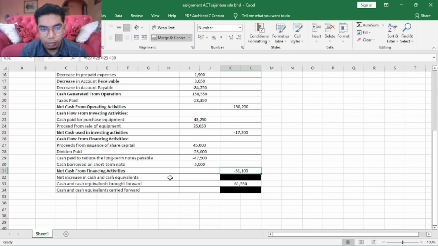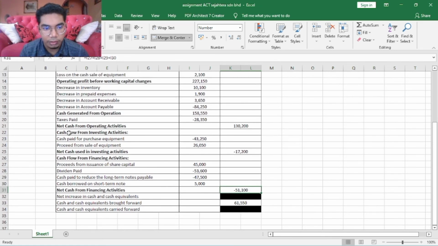So when we finish calculating net cash from operating activities, investing activities and financing activities, we can total up the amount, 61,900, which is the net increase in cash and cash equivalents. Not just that, we should sum the cash and cash equivalents brought forward. How do I get this amount?